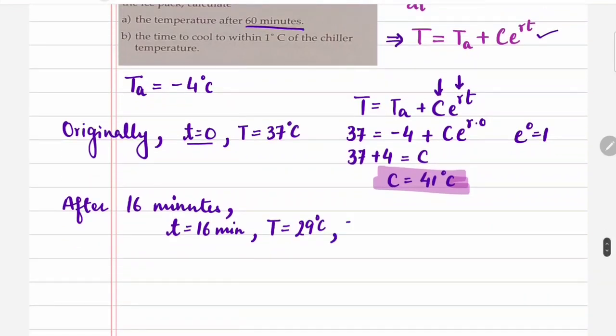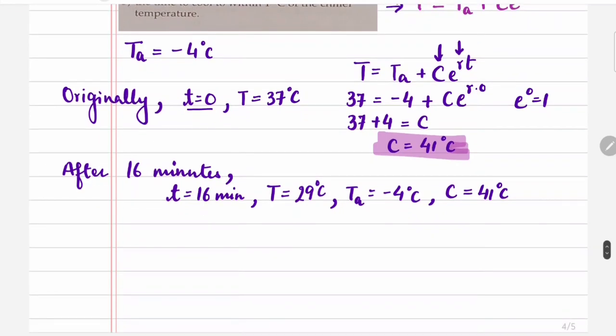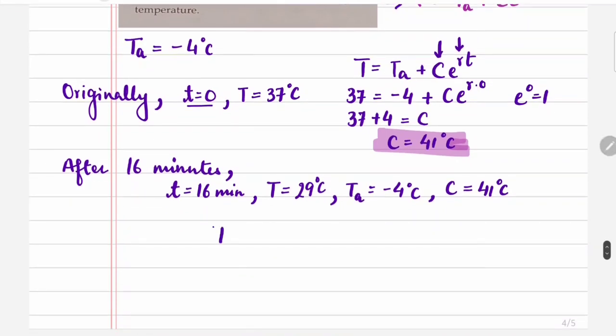And our ambient, our environment, is still at minus 4 because it's a chiller. That temperature is not changing. And we have also found that C equals 41 degrees Celsius. So we have all this information. Let's put it back in the general formula, and let's find r this time.